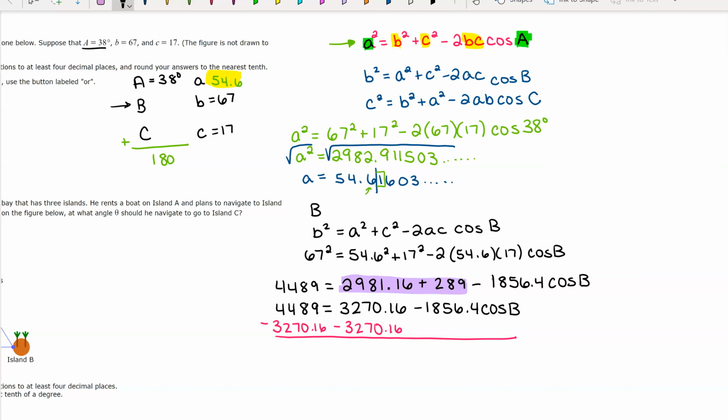You should get 1,218.84 equals negative 1856.4 times the cosine of B. So now to break off that negative 1856.4, we're going to divide.